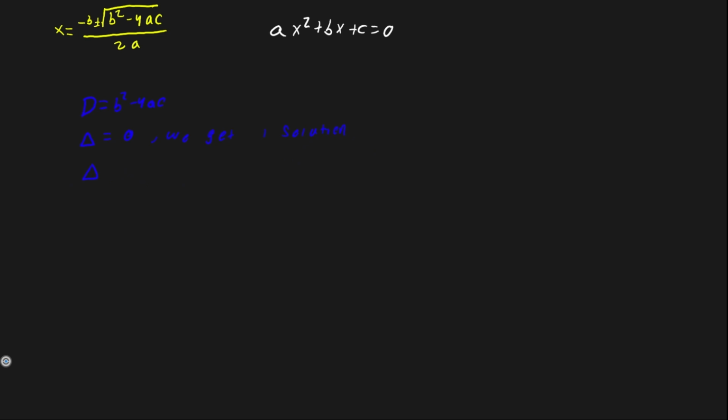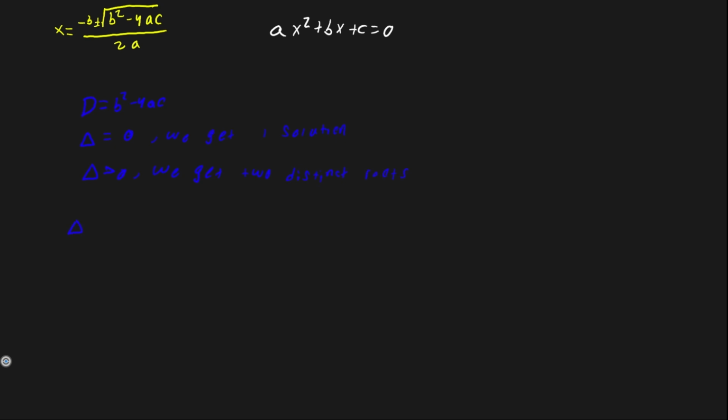And when delta is greater than 0, we get two distinct roots.